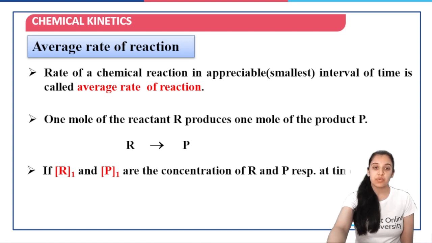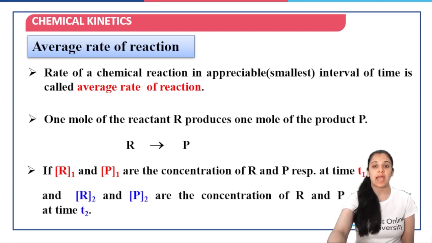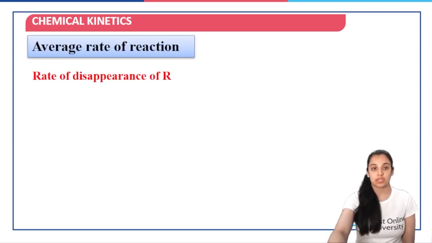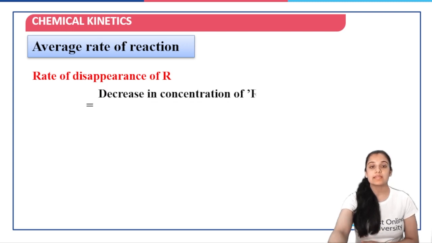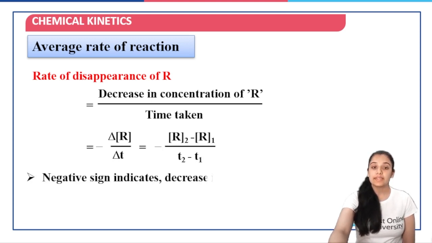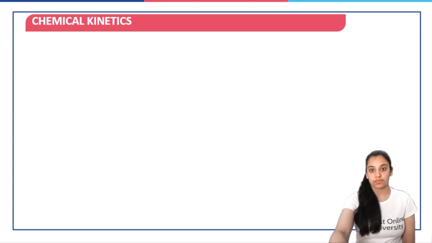If R1 and P1 are the concentrations of reactants and product respectively at time T1, and R2 and P2 are the concentrations of reactants and products respectively at time T2, then the rate of reaction is going to be equal to the rate of disappearance of R, that is equal to decrease in the concentration of reactant divided by time taken, which is equal to minus delta R upon delta T. That is equal to minus of R2 minus R1 upon T2 minus T1. The negative sign is indicating a decrease in the concentration of the reactants.